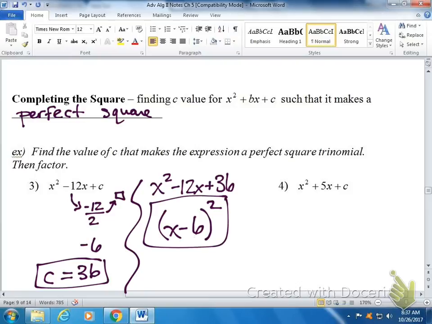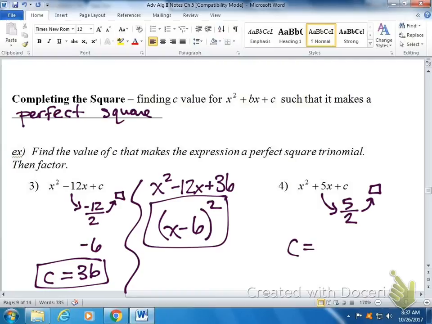All right, so let's practice again. In the next term, we're still going to have to figure out, all right, we got to take that middle number, or that linear term, divide it by 2, and then we have to square it. So wait a second. This isn't perfect. So what do you do if it's not perfect? You still square it. You're going to square the numerator.